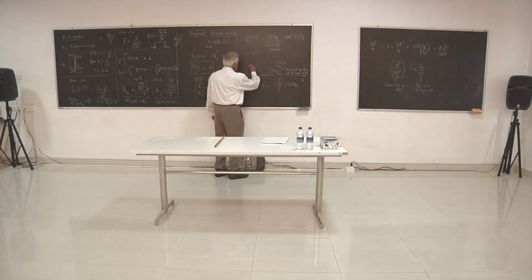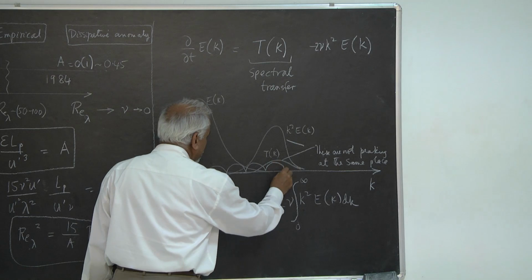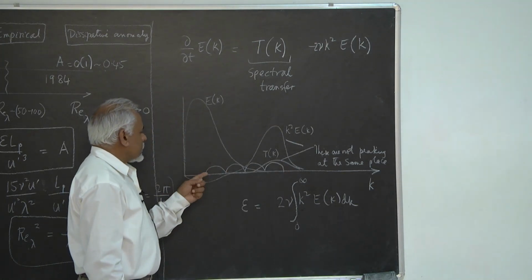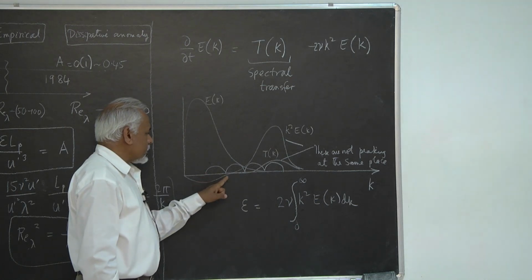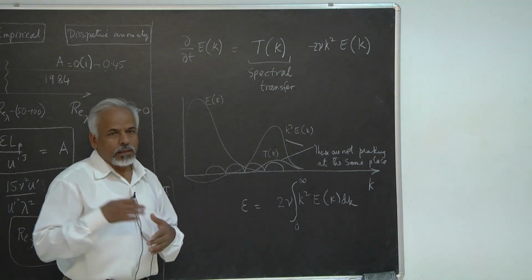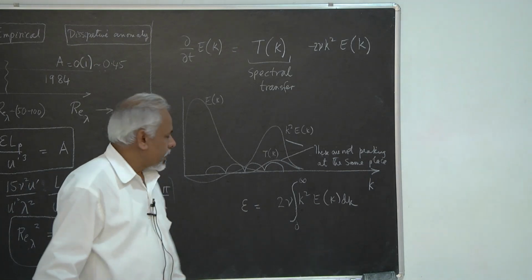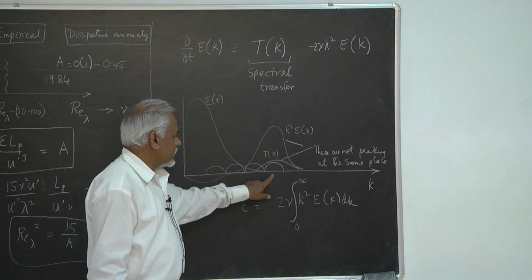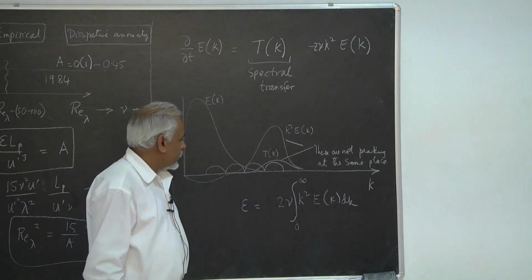Let's say the energy from here goes to here, and from here to here, here to here, and then it gets dissipated. There's a time of energy transfer from this scale to this scale, which is, let's say, half its size or something like that. And then to half its size yet, and half its size yet, and so on.